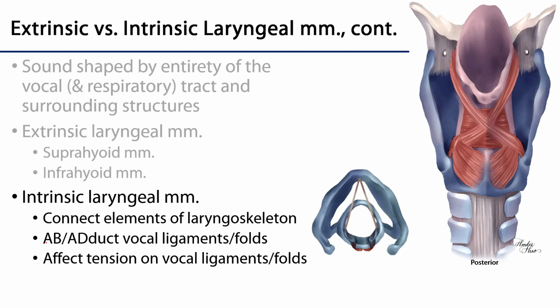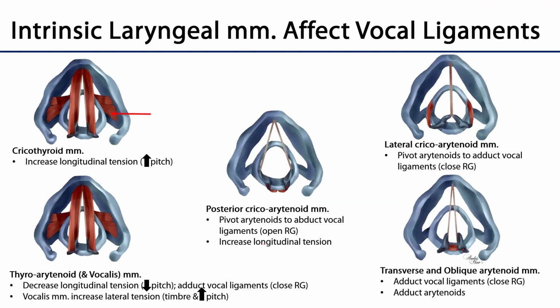They do so by affecting the shape of the rima glottidis, so by either abducting or adducting, so moving the vocal folds away from each other, or toward each other. Or they can affect tension on those vocal folds. And we can see how that's done, and we can also see how sometimes tension can be a function of whether those folds are either abducted or adducted, as we'll see.